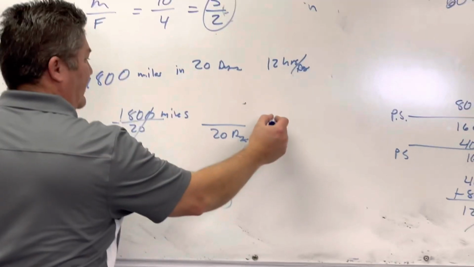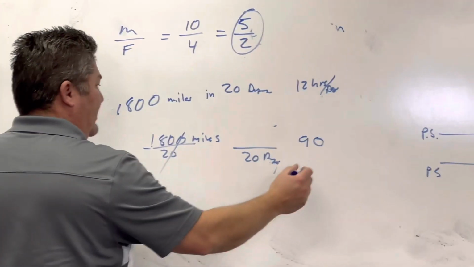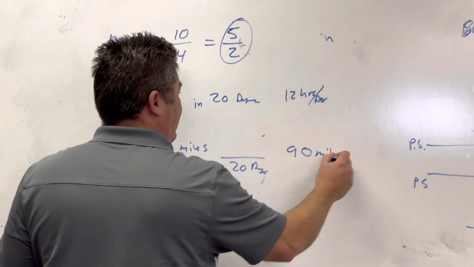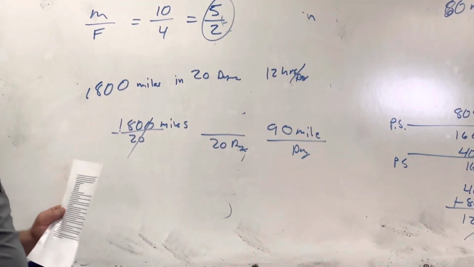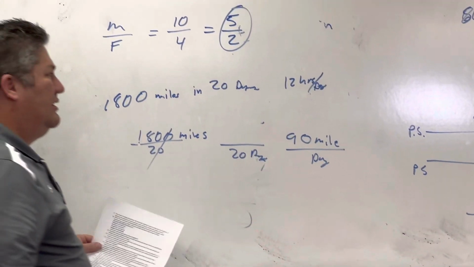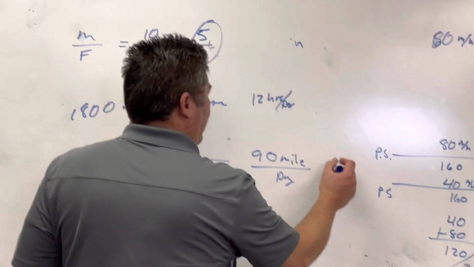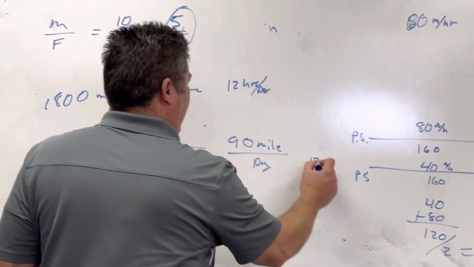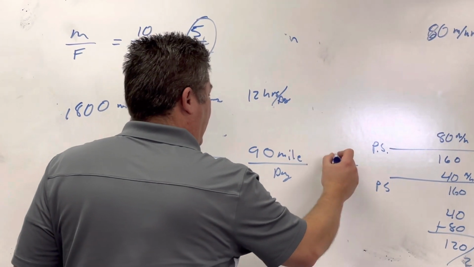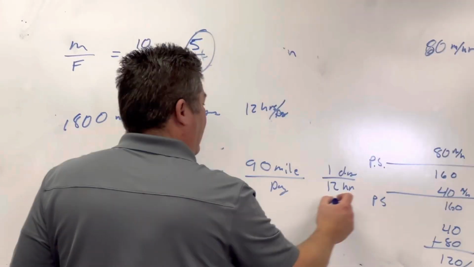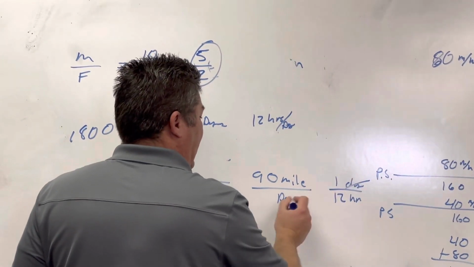Half of 18, 90 miles per day. But I don't want days, I want hours. So how many hours per day does he fly? This is 12 hours in each one day. Now I'll end up in miles per hour and the days will divide out.